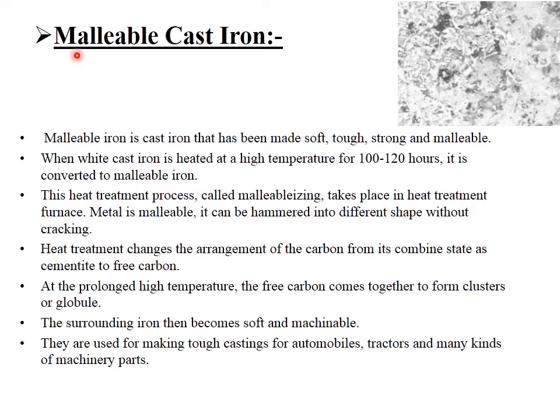Malleability means something like hammering: by hammering, how easily you can shape the material into different shapes and sizes, just like pressing. How can I press the material to different thicknesses? So malleable cast iron is very soft and machinable, and we can form this cast iron with quite some ease. It possesses malleability, so you can form the metal into different sizes and shapes.